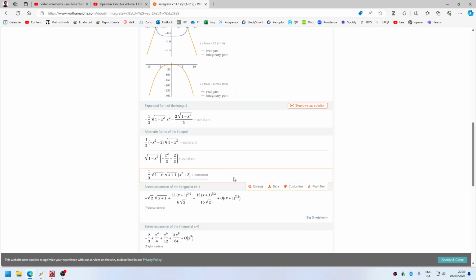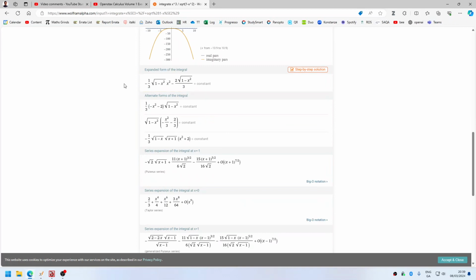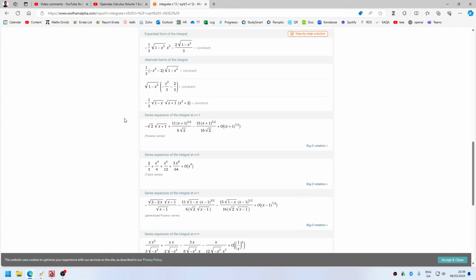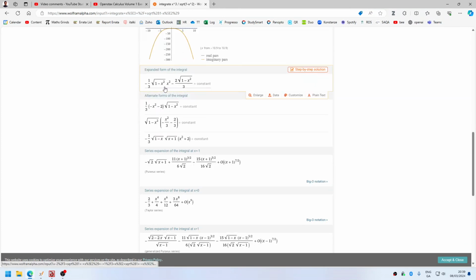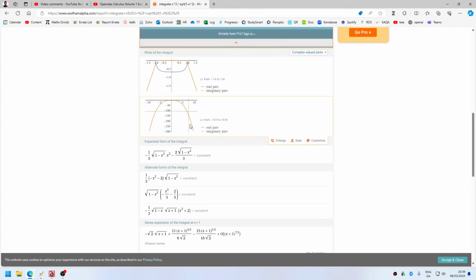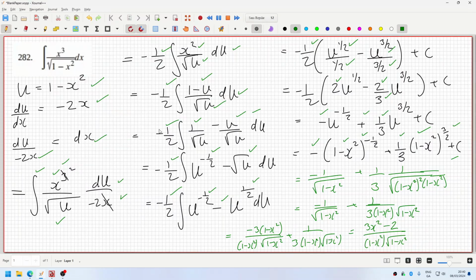Do I have that? Minus a third root 1 minus x squared minus 2. Oh, there might be an issue here with x having to be between 0 and 1.